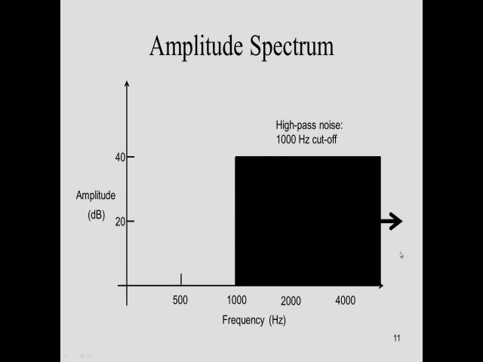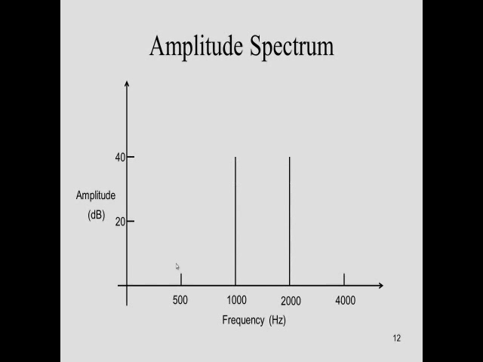And of course we'd need to add an arrow here technically, because the energy associated with this noise, if it's truly high pass, would extend out further than that. But in any event, all the frequencies above 1,000 hertz are passed in this case. And we would call this a high pass noise, or a high pass filter function with a 1,000 hertz cutoff frequency.